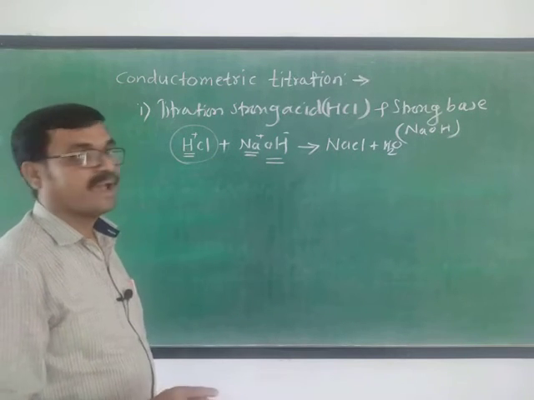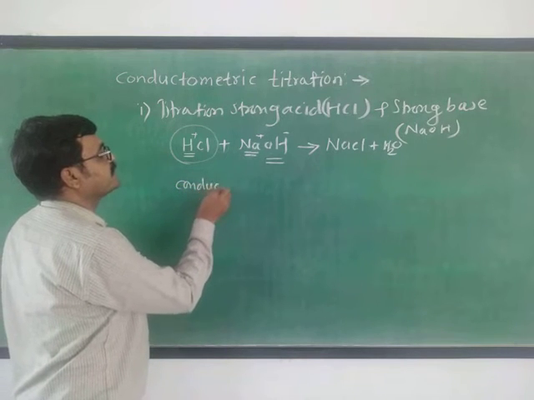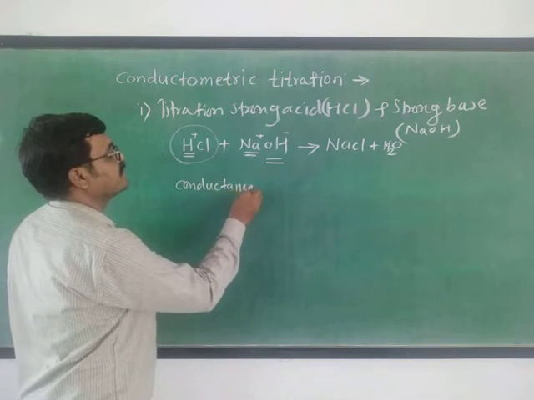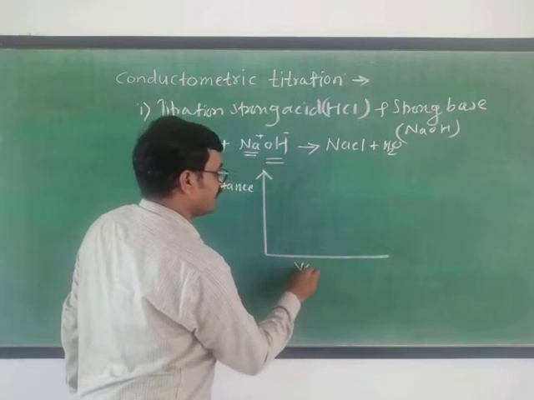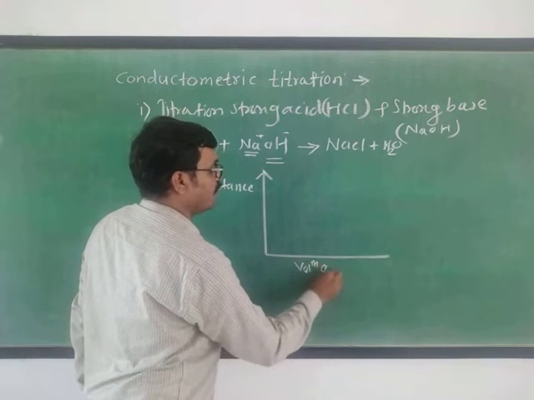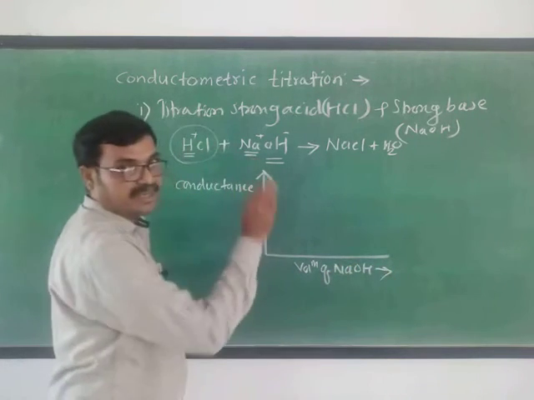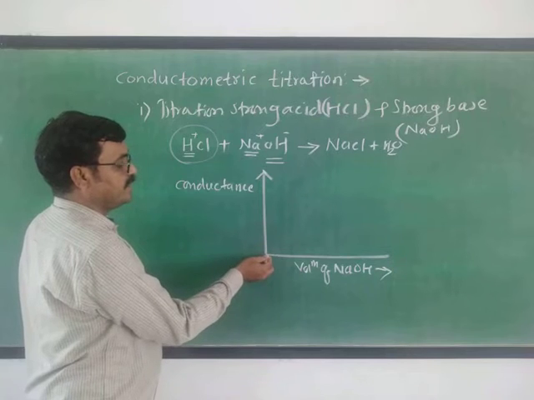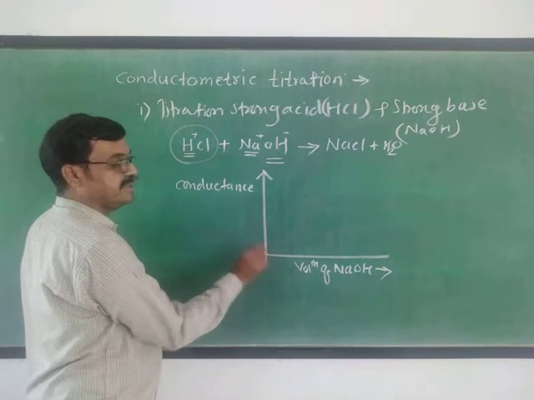And that's why if we plot a graph of conductance versus volume of NaOH added, what happens? Initially there is HCl, so the volume of NaOH added will be 0 ml here.